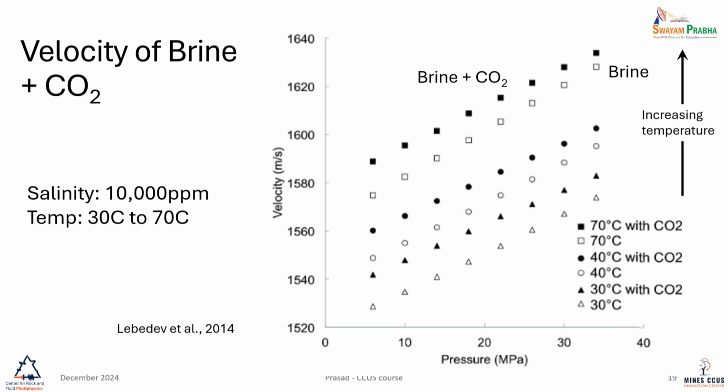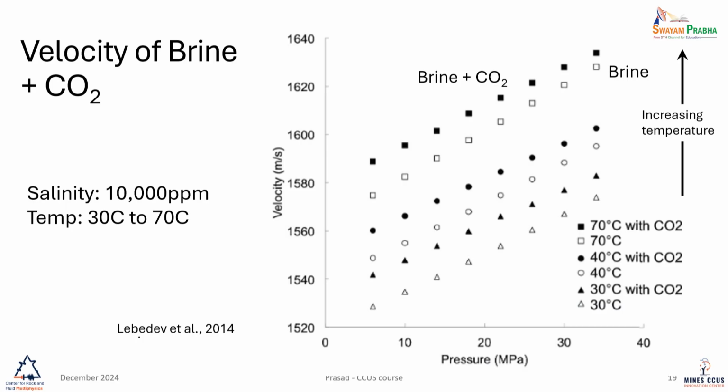This is some work coming from Maxime Lebedev's lab in Australia in CSIRO, and they have measured brine carbon dioxide mixtures. From our lab, we had measured brine carbon dioxide mixtures, but not to the pressures and temperatures that we need today. Our data are older, so they compared their new data to what ours were, and extended that. I was very happy to see this.